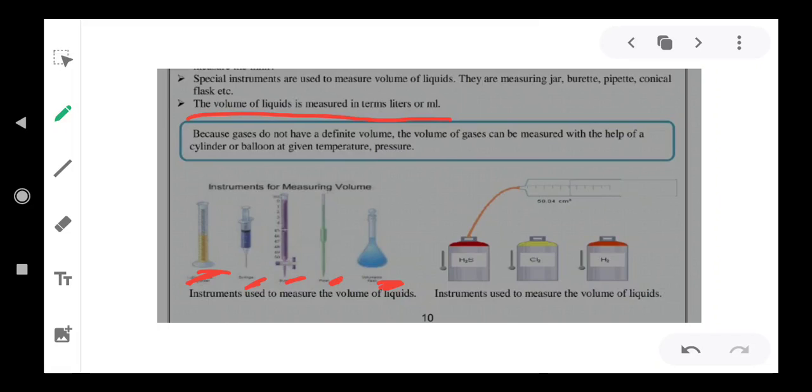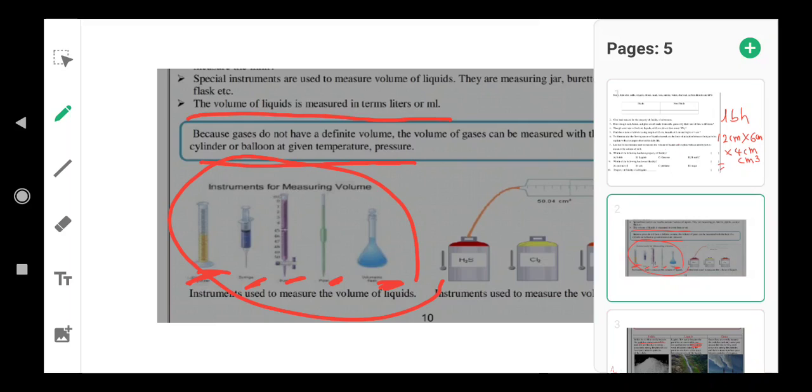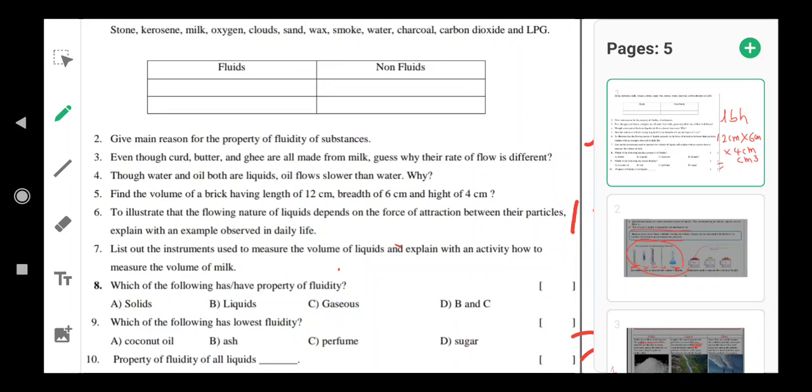Because gases do not have a definite volume, the volume of gases can be measured with the help of a cylinder or balloon at a given temperature and pressure. And for liquids we use these measuring instruments. For milk also we use beakers or these instruments.